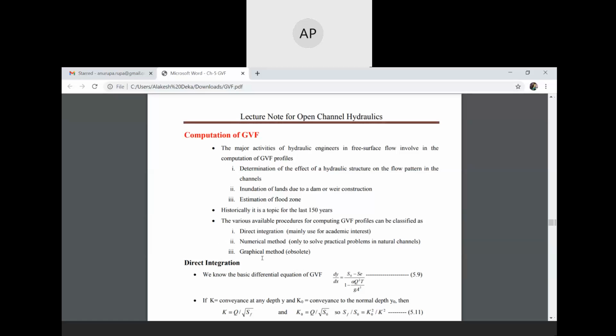So these are the three different procedures available to compute GVF profile. One is the direct integration method, next is the numerical method, and next is the graphical method.